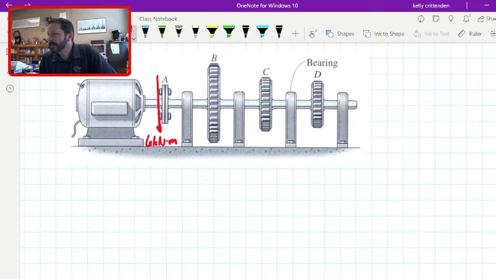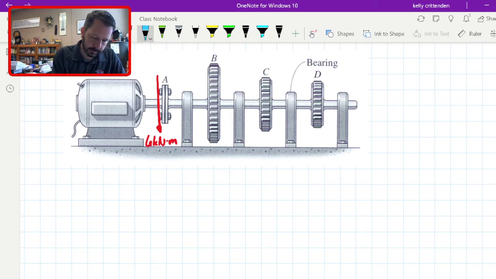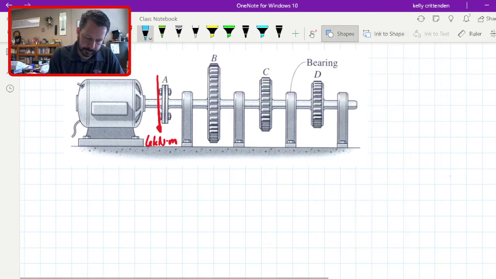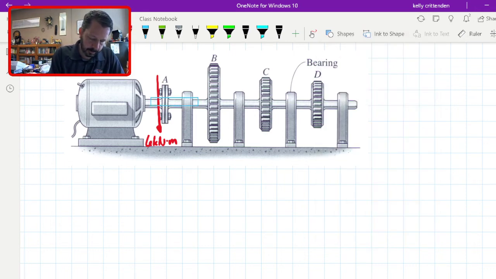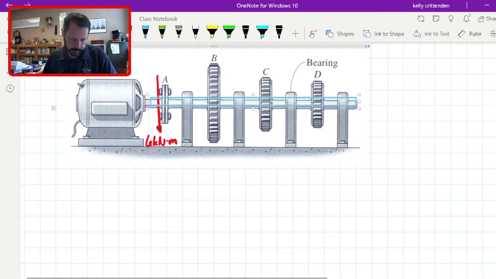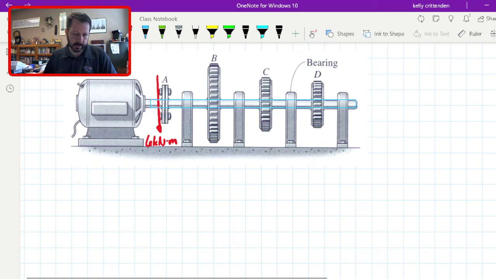To the constant diameter annealed ENGR line shaft shown. So basically this little guy is our shaft, and it is all a constant diameter, and it's all ENGR.